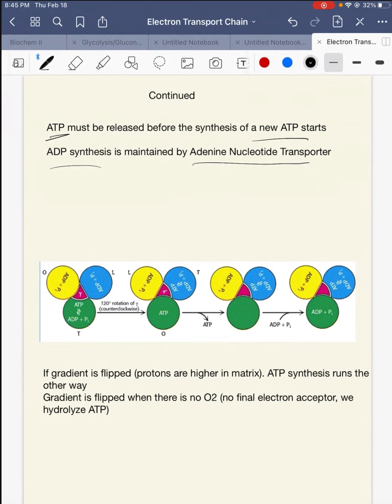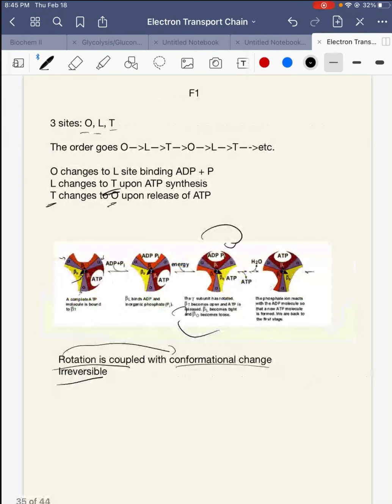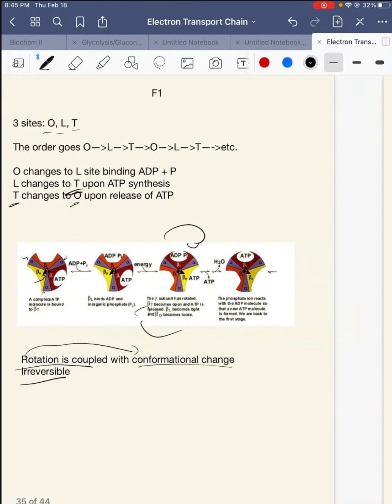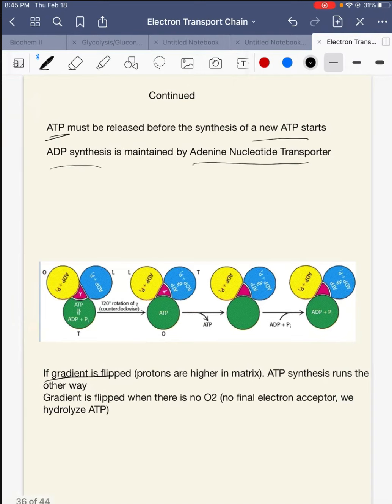Okay, so if the gradient is flipped, remember I said it's irreversible. The reaction is irreversible, but if the gradient is flipped, instead of running clockwise, it starts running counterclockwise. And what this does is, instead of making ATP, we start hydrolyzing ATP.